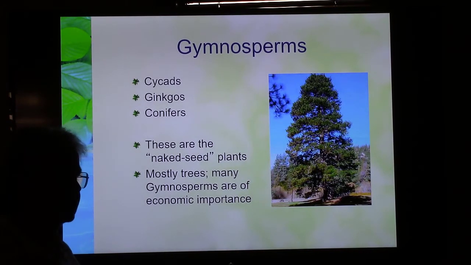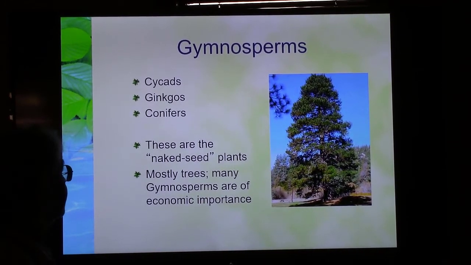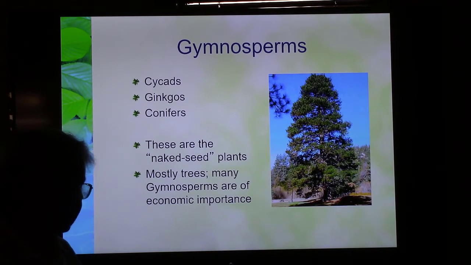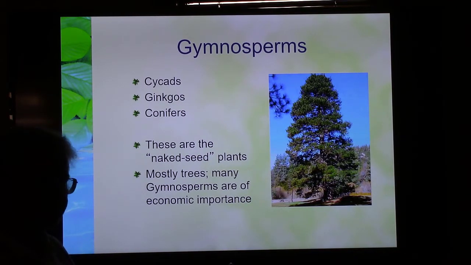Ginkgos make a beautiful, beautiful tree. They stink, but they make a beautiful tree, especially in the fall, a lot of beautiful color. And conifers. Now, conifers make cones. What are some examples of a conifer? Pine, spruce, fir, cypress, juniper, cedar.